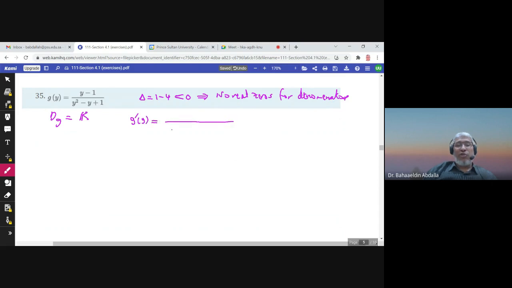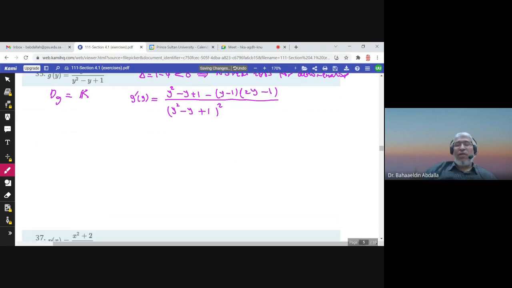Using the quotient rule, this is y squared minus y plus 1 to the power 2. Derivative of the numerator is 1 times the denominator minus y minus 1, the numerator, times the derivative of the denominator, which is 2y minus 1. And now we need to simplify g prime of y. So y squared minus y plus 1 minus.